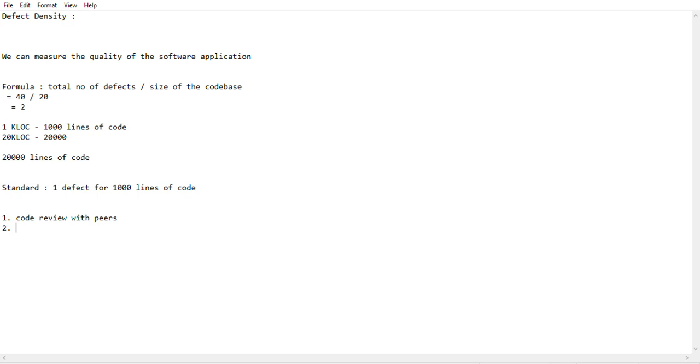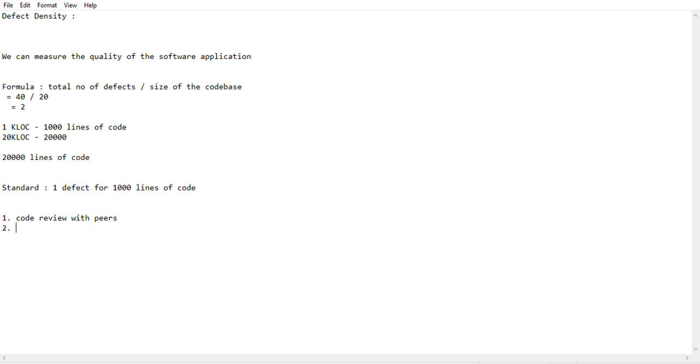I don't know where the fault is. So what I'll do is connect with my colleague, and my colleague will review the code which I have developed. If any changes are required, or if they suggest that we have to add these lines of code to your existing code, please add that, and I'll add that code also. So that is the first step: code review with peers.